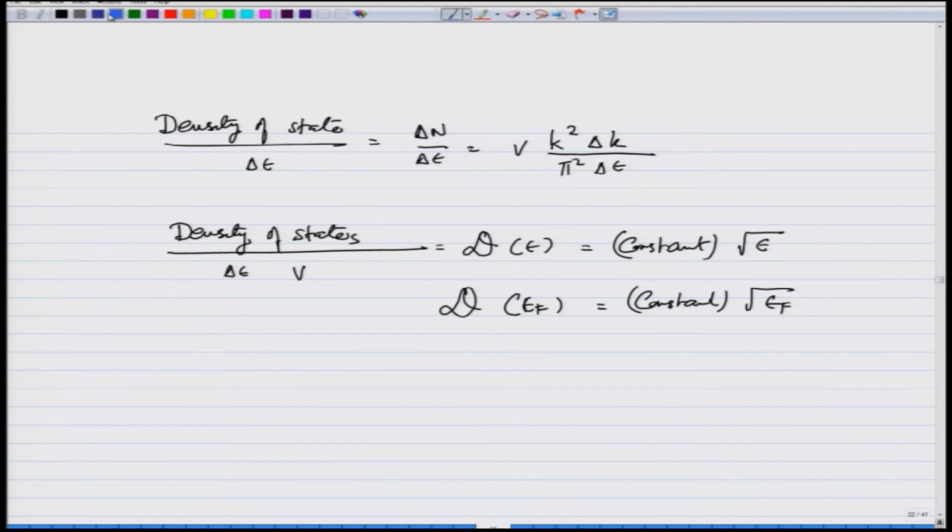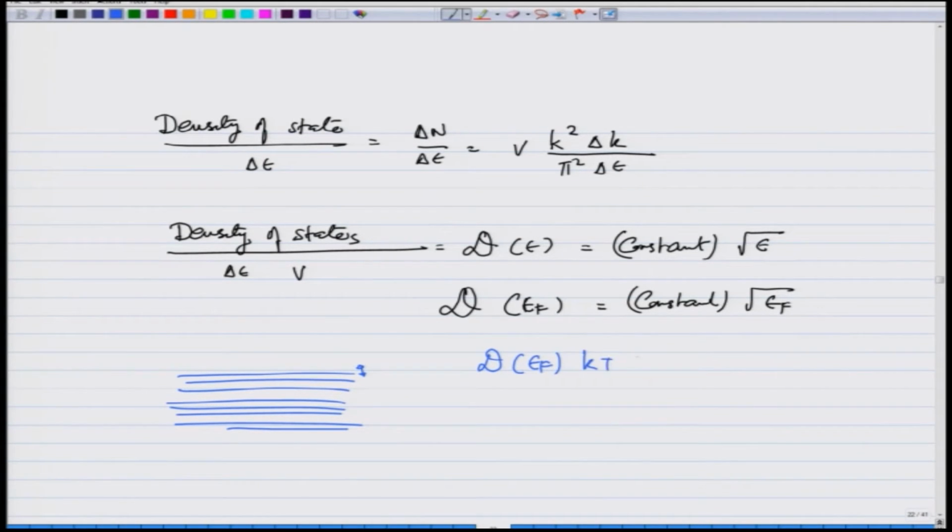Going back to the Fermi level being filled, and a very thin layer out here, those electrons getting excited. So, the number of electrons excited is going to be the density of states at the Fermi level times kT. This is the number of electrons absorbing energy kT.